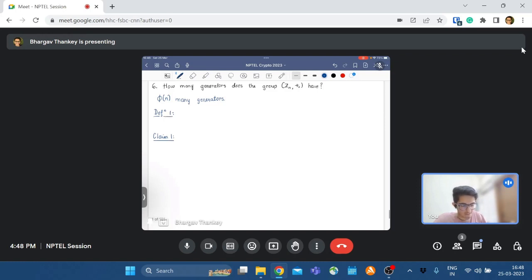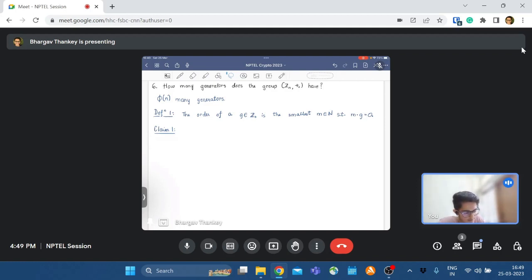In this case, it would be a product, right? Yeah, so since the group is additive, it won't be a power, it would be a product, right? Because when I perform the addition operation m times, I get m times g, right? So this is the order of an element in Zn.